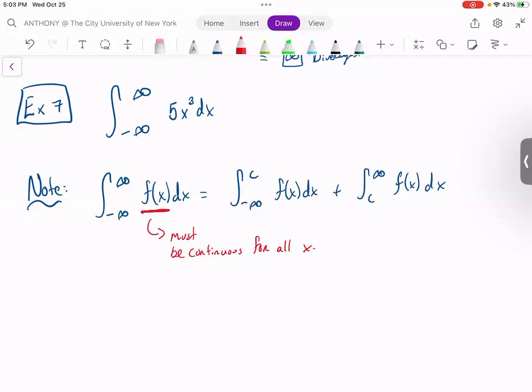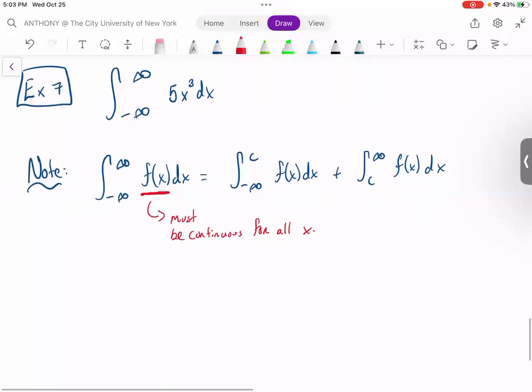All right. Well, going back to our original problem, since 5x cubed is continuous for all x, all I need to do is choose a value c that will split negative infinity and infinity into two integrals. Well, I'll let you choose. Pick a value. 69? Yeah, you can use something more convenient.